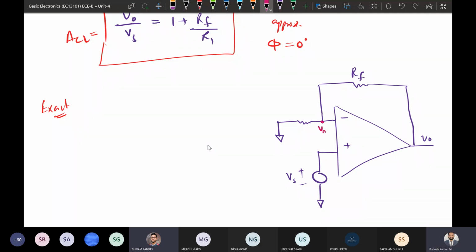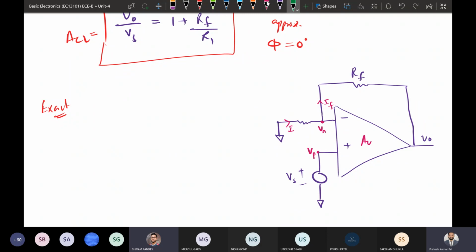This is Vn, this is Vp, and this one is current IA, this is IF, and the gain is this, and this gain is very less. If the gain is very less, it means we cannot use it.